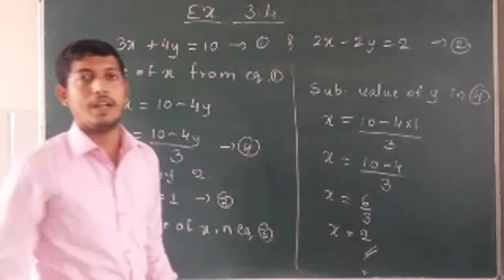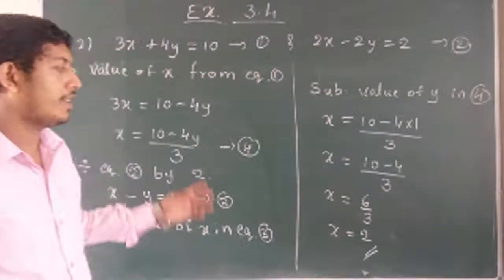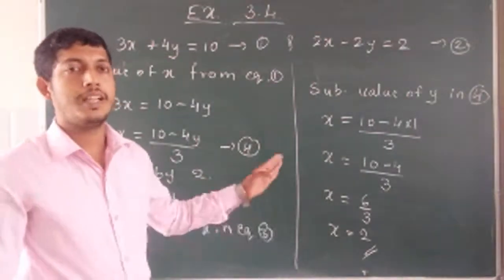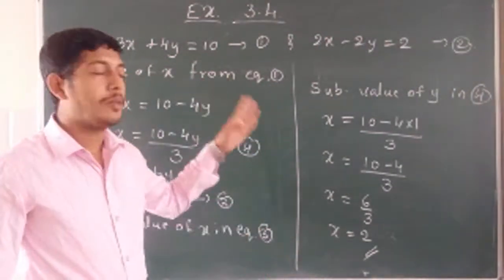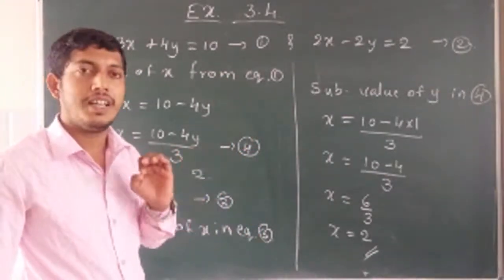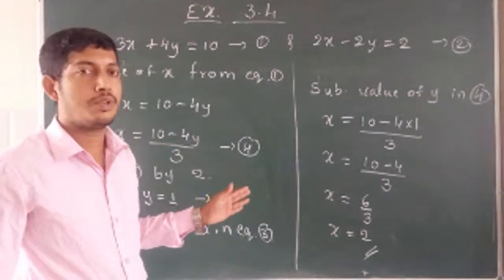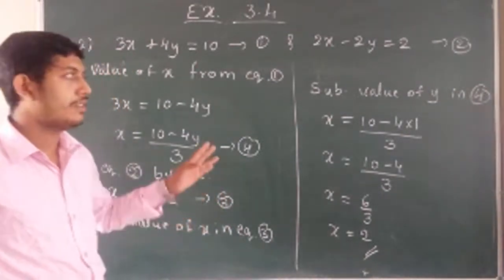That is the value of x. So we got the same answer, x equals 2 and y equals 1, from the elimination method as well as the substitution method. That means we can consider any method, we will get the same answer, but we have to solve the steps properly. Just look at the steps.